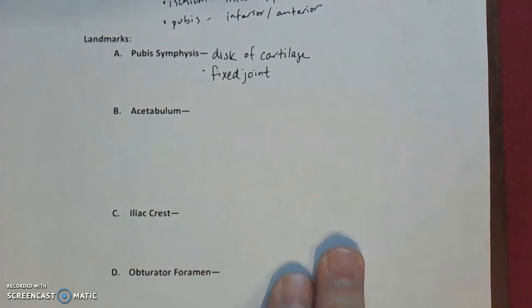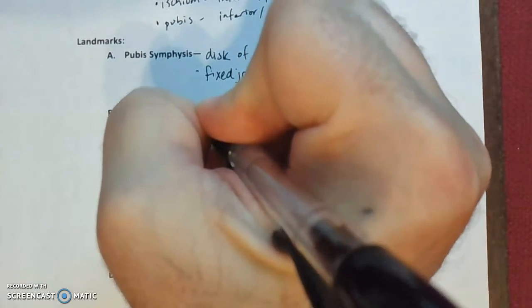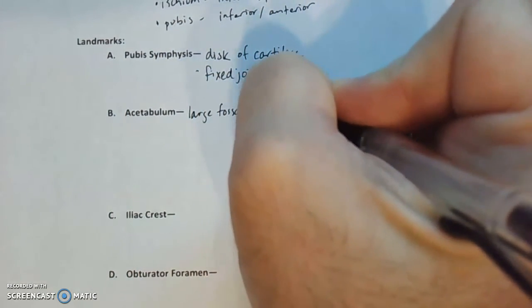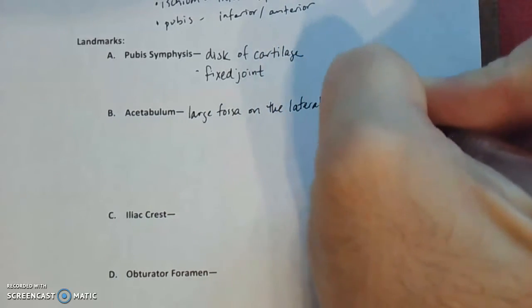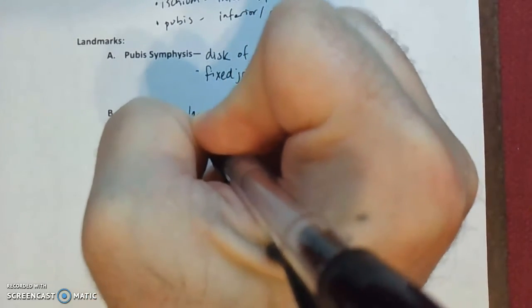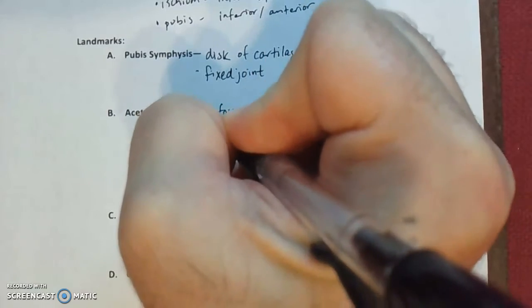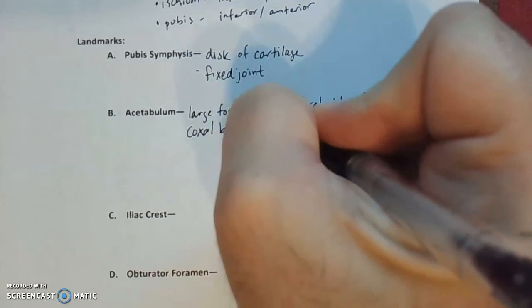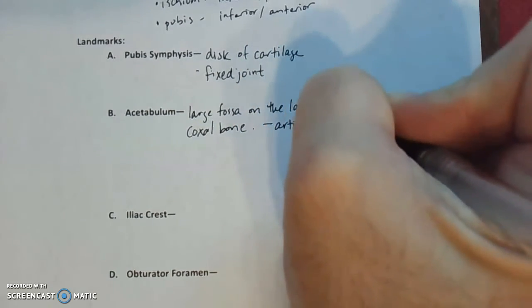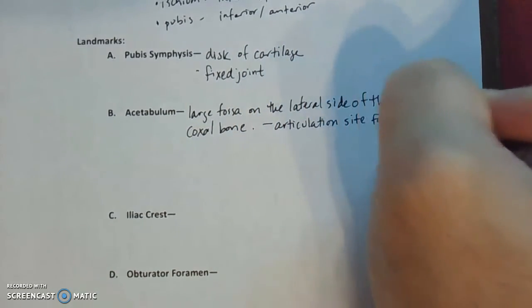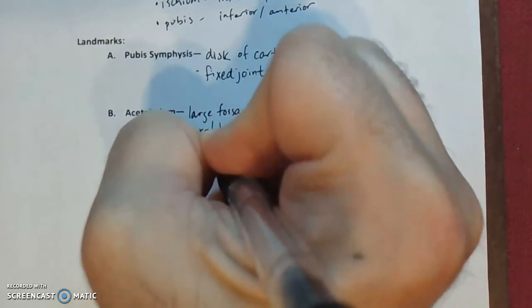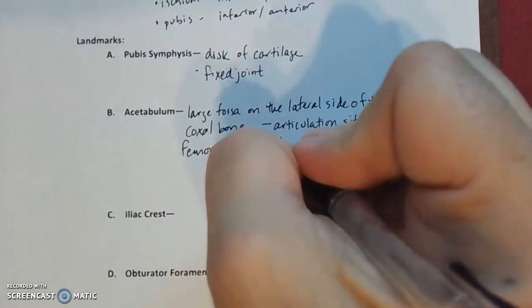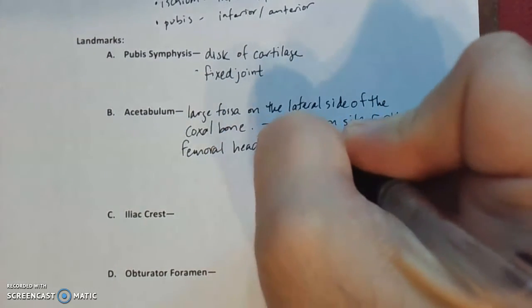So the acetabulum is a large fossa on the lateral side of the coxal bone. This is the articulation site for the femoral head, the head of the femur. So this is the socket for the ball.